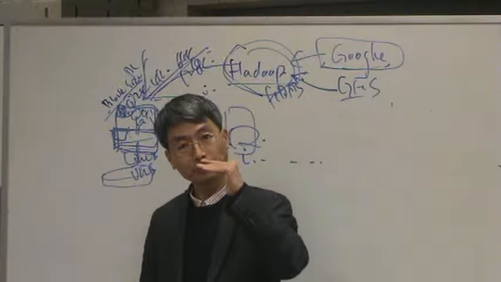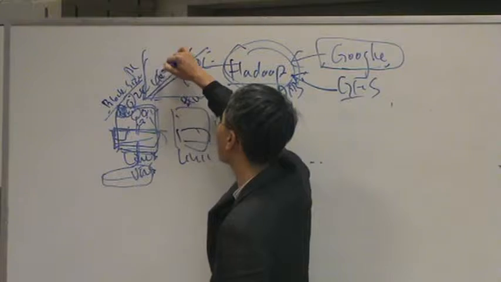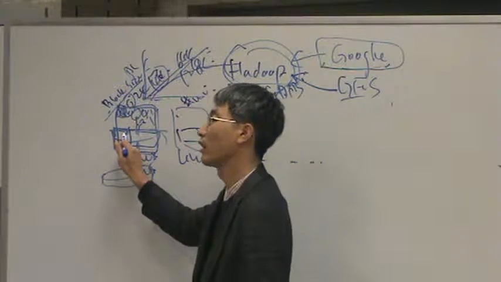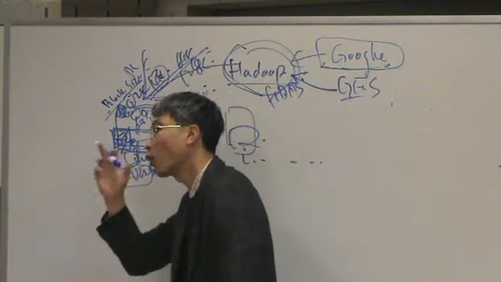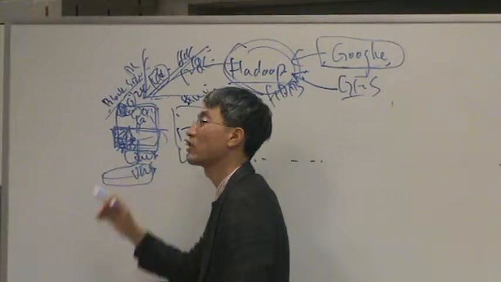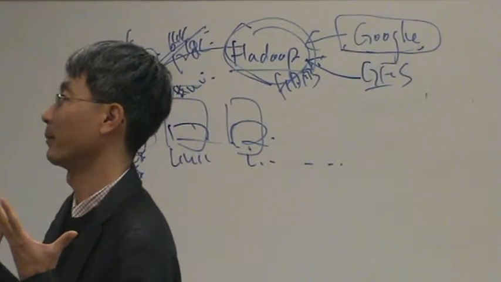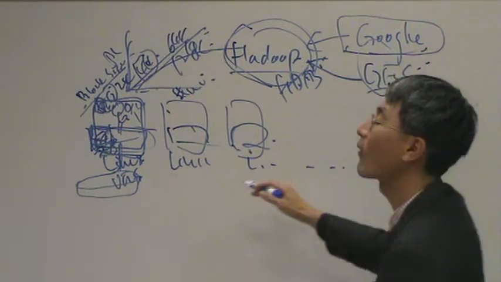Block means input and output. When you read just one record, the entire block will be read. How big is that here? It's 64 megabytes. Even though you need 1 byte of data, 64 megabytes will be read at one time to handle big data. Okay, that is the file system.